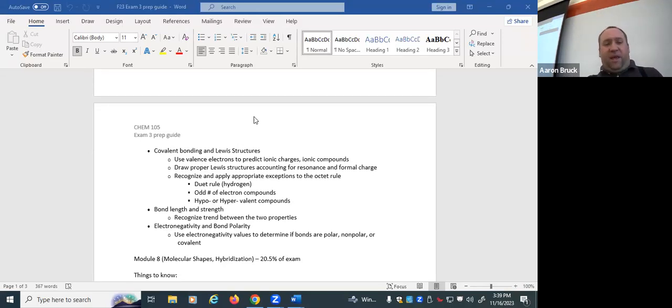The third type of example, the hypovalent and hypervalent compounds, are directly associated with formal charge. If I look at sulfur expanding its octet to 12 electrons instead of just 8, that is driven by formal charge. If sulfur makes 6 bonds, and we do the formal charge, 6 minus the 6 bonds with no lone pairs would give that sulfur a 0 charge overall.